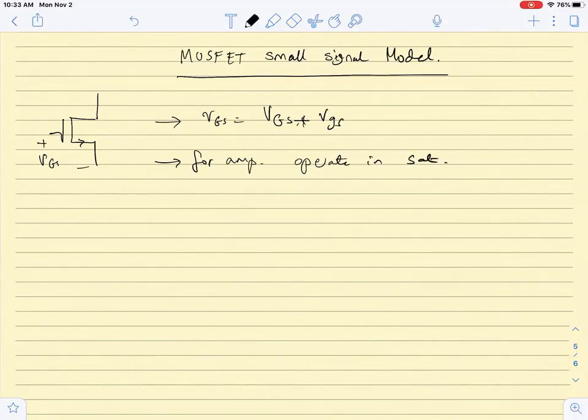If we want to look at the current of the transistor, the total current ID is going to be half K prime W over L times the total VGS minus VT, all squared. The total VGS is VGS DC plus vgs small signal, minus VT, all squared.